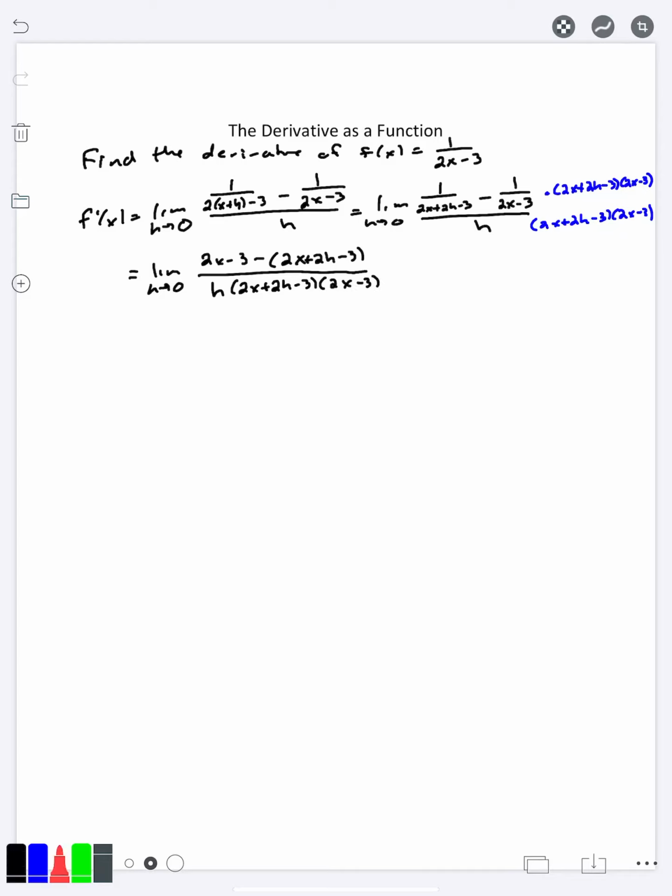And then when you distribute your negative sign in, the 2x's are going to cancel, the 3's are going to cancel, and the numerator is going to end up being just minus 2h. And as I promised you, the h's are going to cancel out.